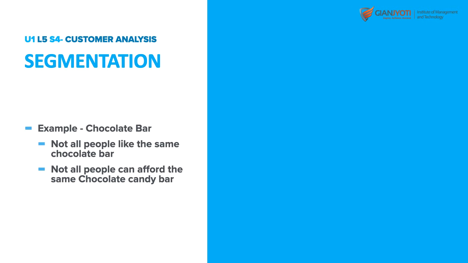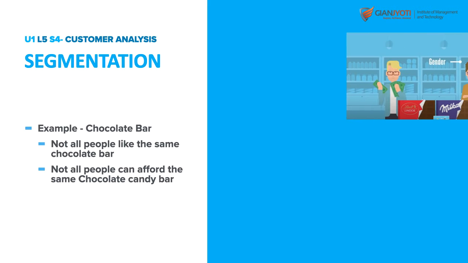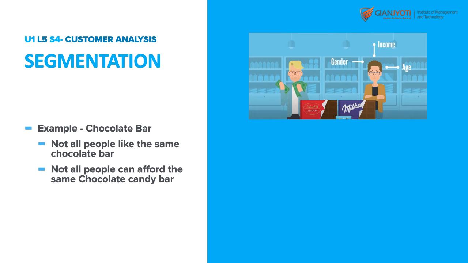If I want to take one example, let me talk about a chocolate bar. Not all people like the same chocolate bar, because some people may not be able to afford a particular type or brand of chocolate bar. There could be many reasons.